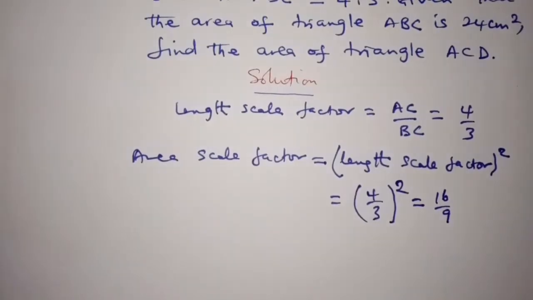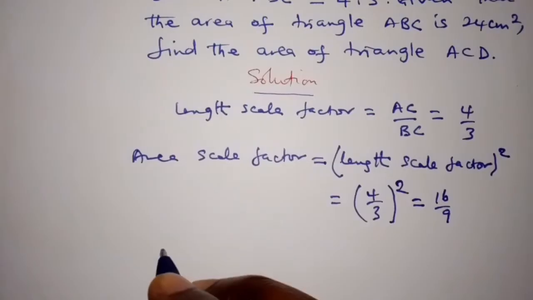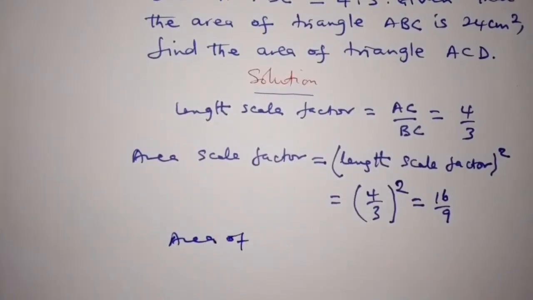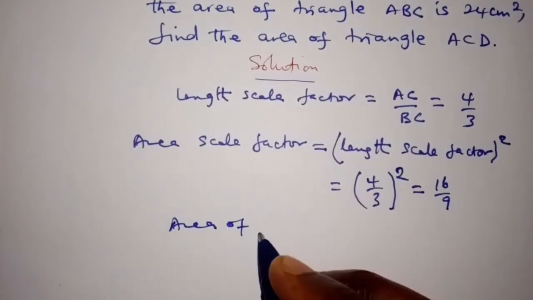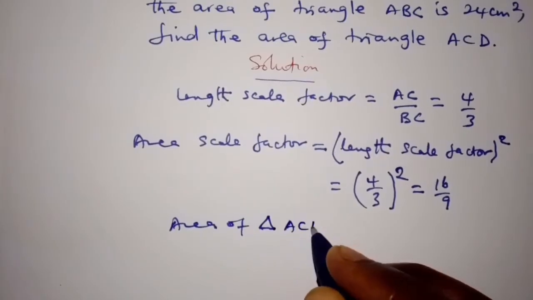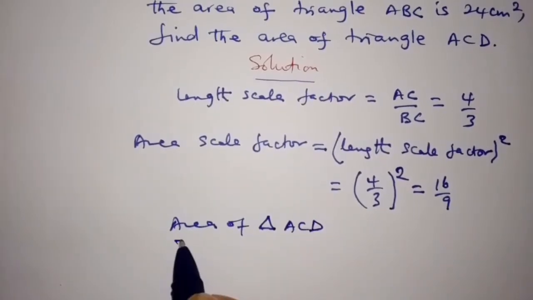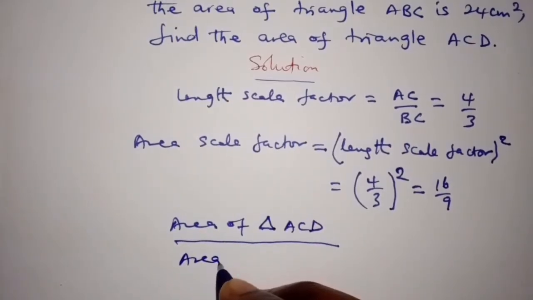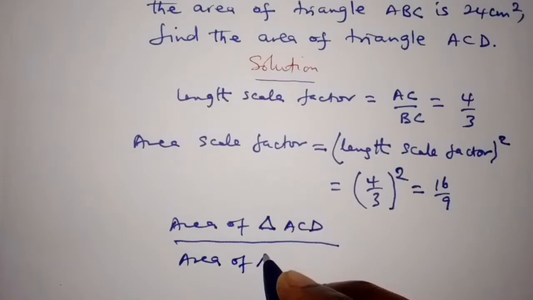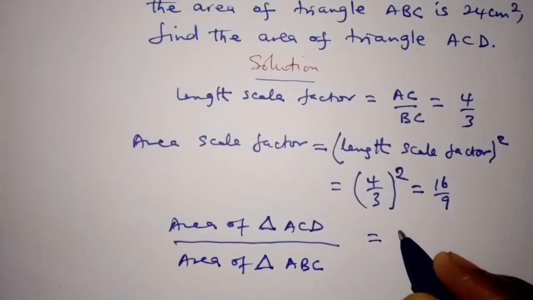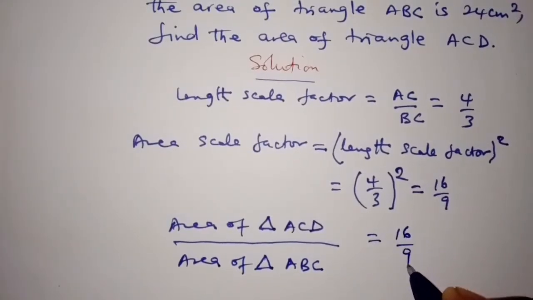From here we can say that the area of triangle ACD over the area of triangle ABC is equal to 16 over 9.